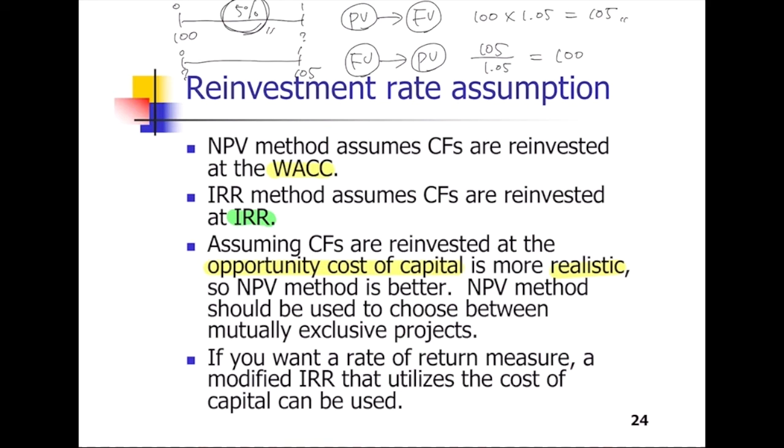So if you want a rate of return measure, the IRR, you should use modified IRR that utilizes the cost of capital. So the cost of capital is what? The WACC. Now we learn more deeply about the modified IRR.